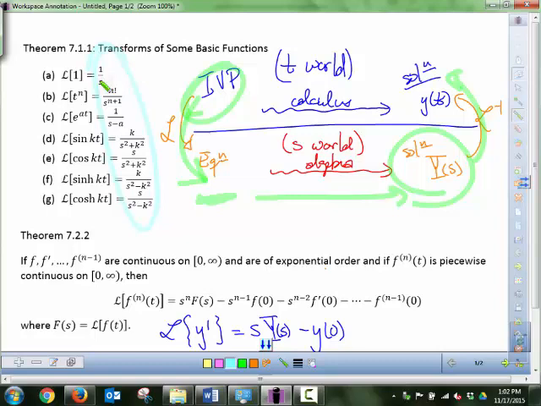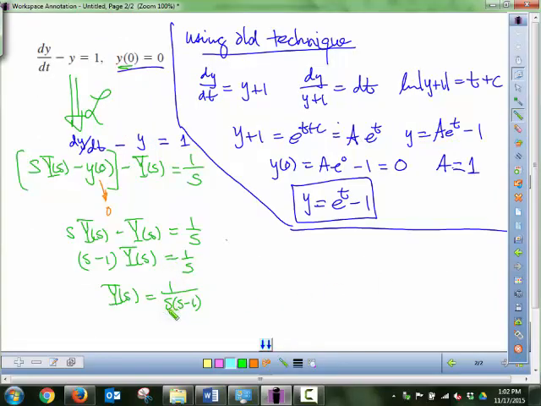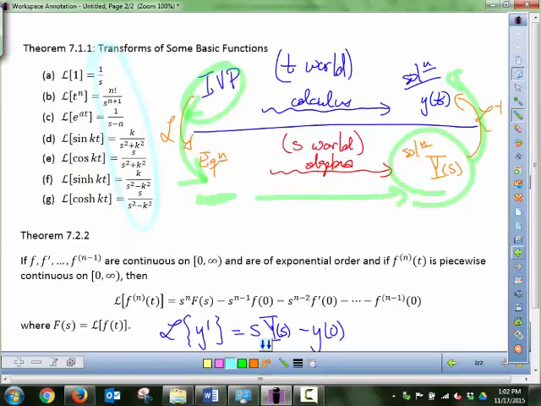The fact that this is linear means if we can have a sum or difference of a bunch of these functions, then we can easily bring that back to the t world, the real world. Now, unfortunately, as I look at this solution that we got, 1 over s times s minus 1, that does not look like any one of these things.